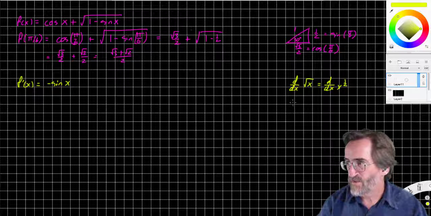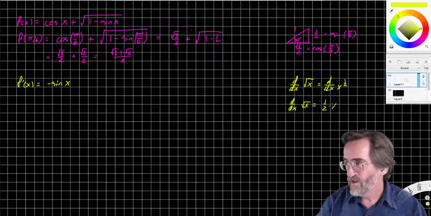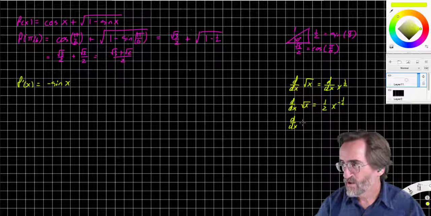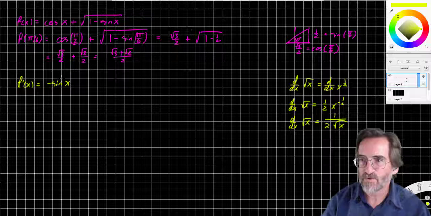Using the power rule, the derivative of square root x is 1/2 x to the negative 1/2, which is 2 root x on the denominator and 1 on the top. So 1 over 2 root x.